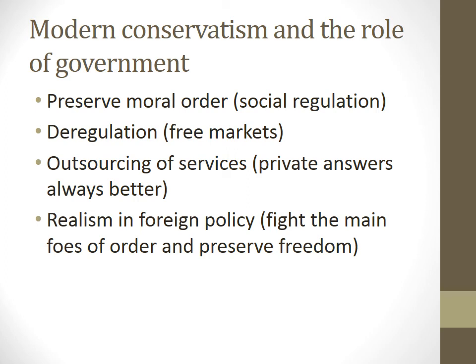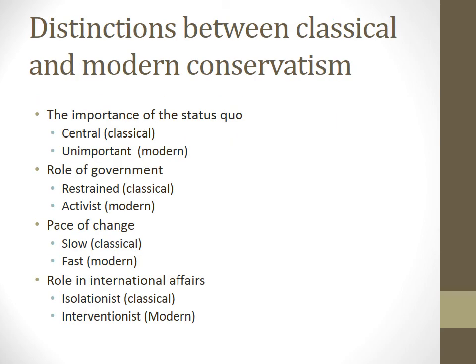Let's look more clearly now at the distinctions here between classical and modern. The first distinction between the classical and modern is the importance of the status quo. For classical conservatives, it's a central idea that status quo is maintained.